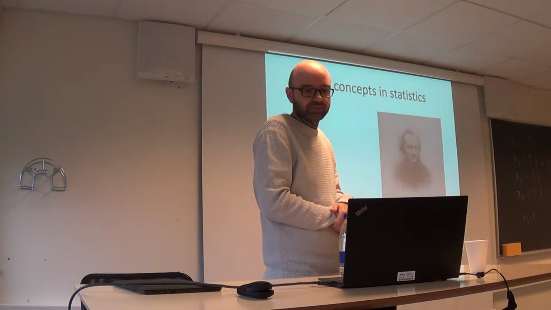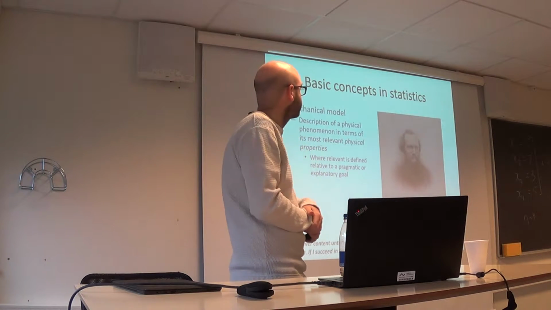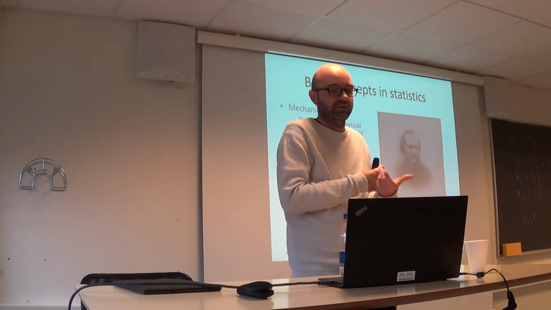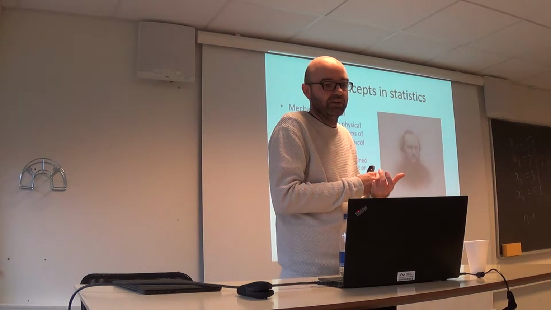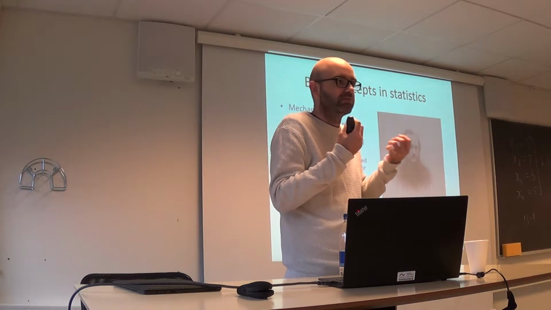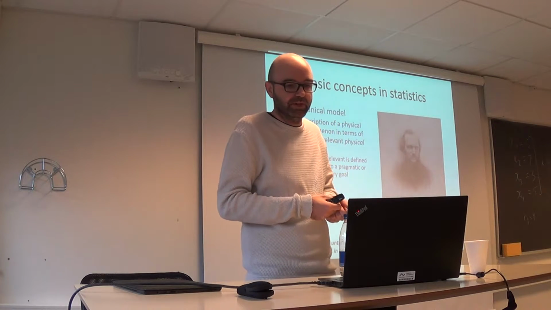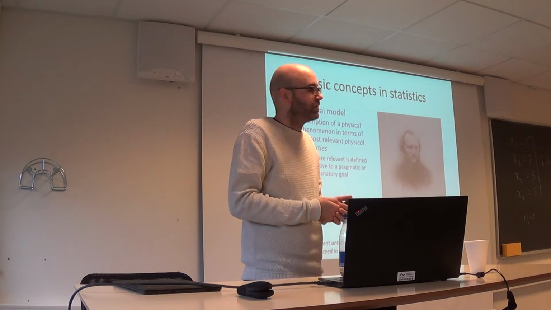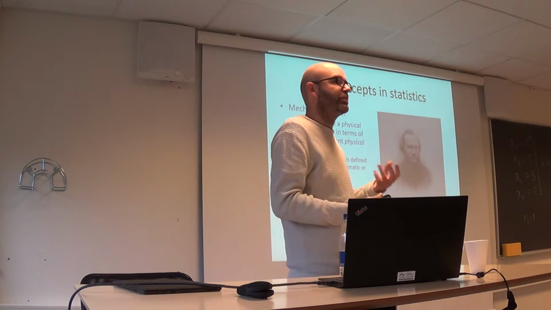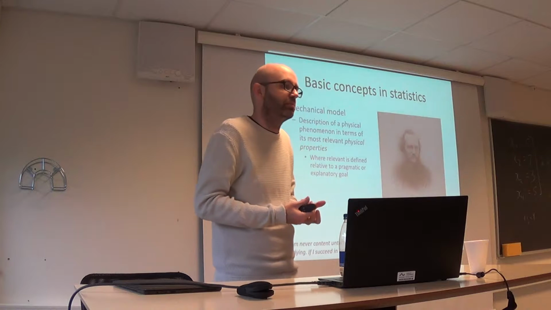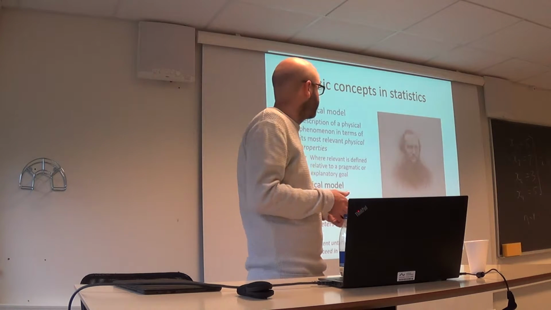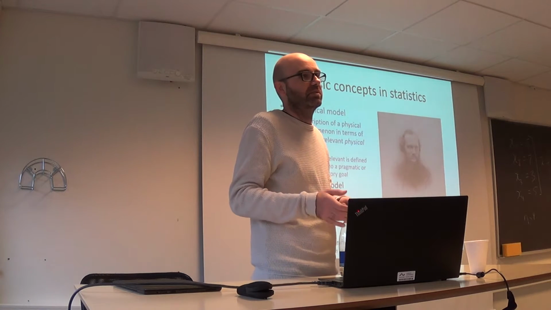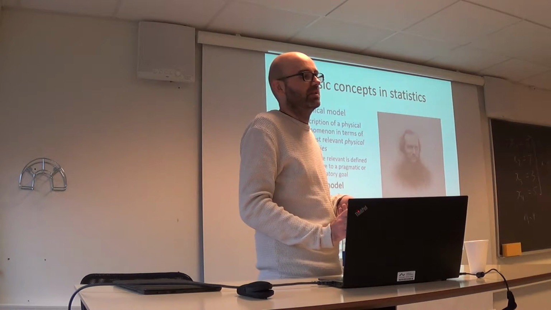So, if we've got a mechanical model, we think of a description of a physical phenomenon and its most relevant physical properties, where physical here is relative to some sort of pragmatic goal, or explanatory goal if you're Lord Kelvin. Your statistical model has a similar sort of job to do epistemologically. It's a description of the phenomenon in terms of the most relevant statistical parameters that you want to explain.